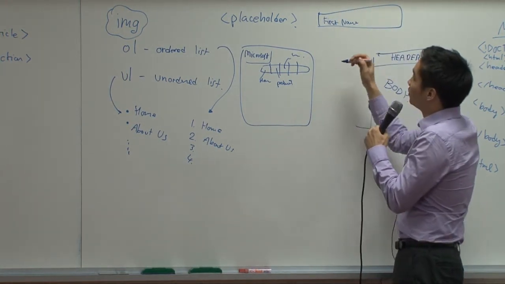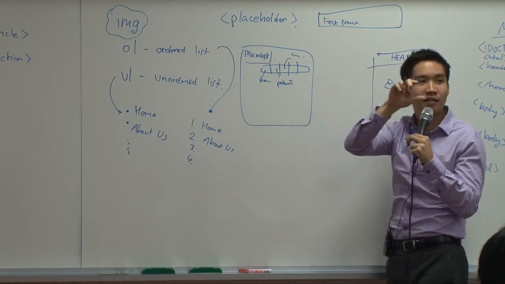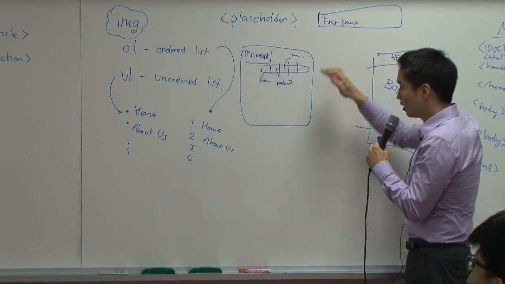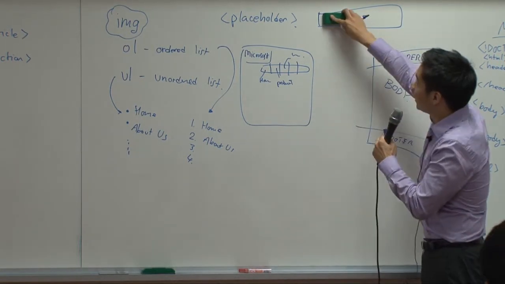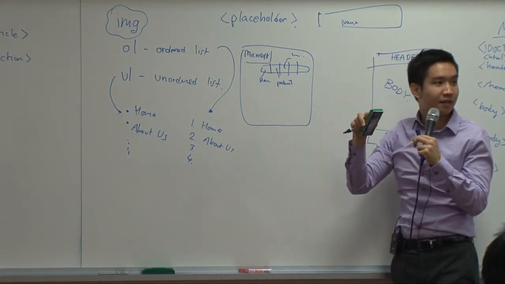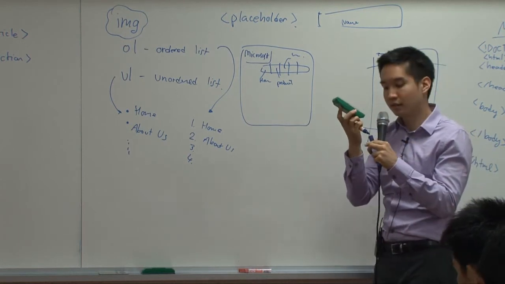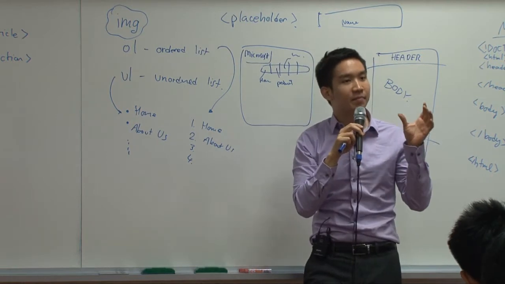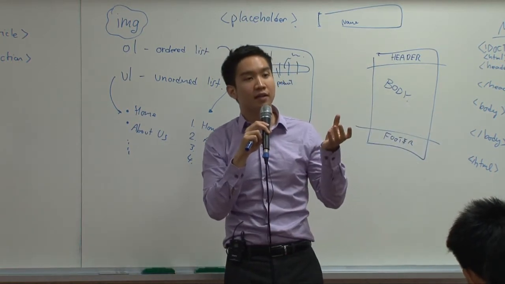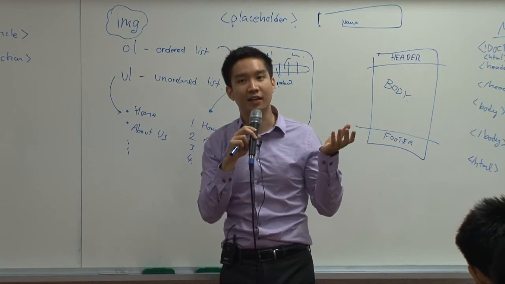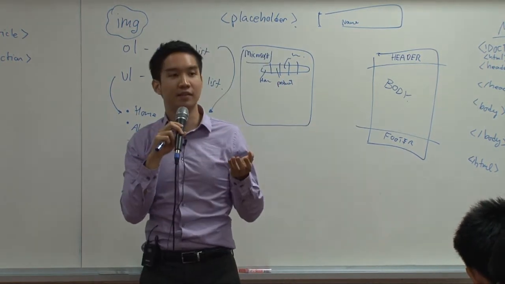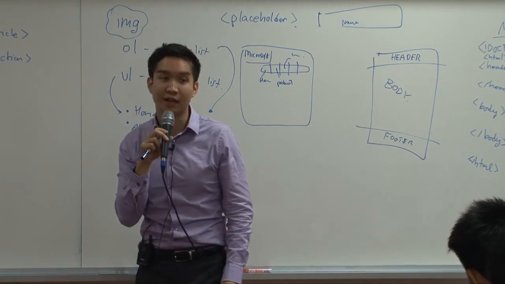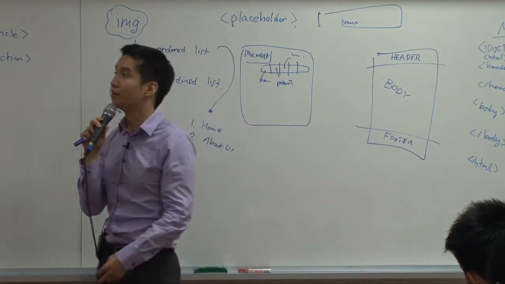When you see the text box and the text is a bit grayed out, and when you click on it, the grayed out text disappears. This feature is implemented by using the placeholder attribute. And sadly, IE does not support this, even though Chrome supports it, and I think Firefox supports it as well. Safari too, I think.